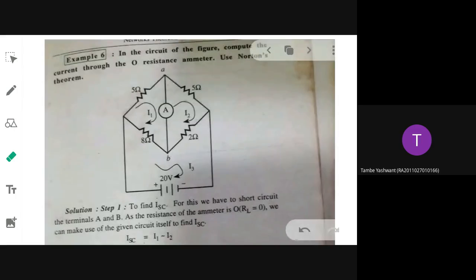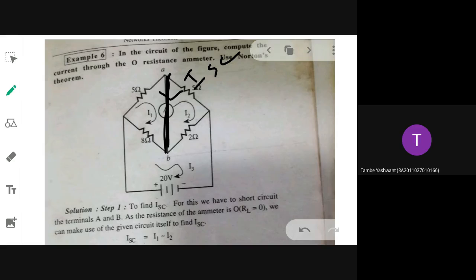Through which terminal the current is asked? Ma'am, AB. So this terminal you will remove and short first. That is your first step. If it is open, you will open that; if it is not, you will short. Then you need to find out the current ISC through that particular branch.